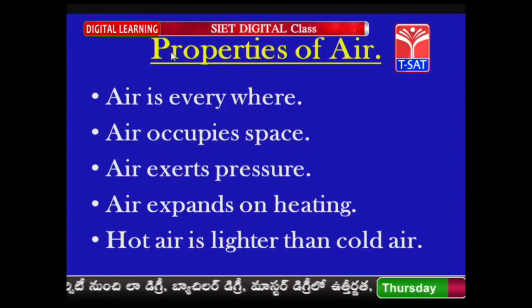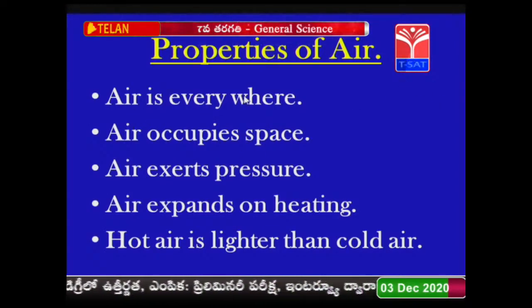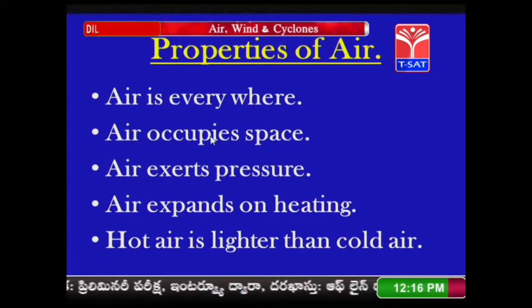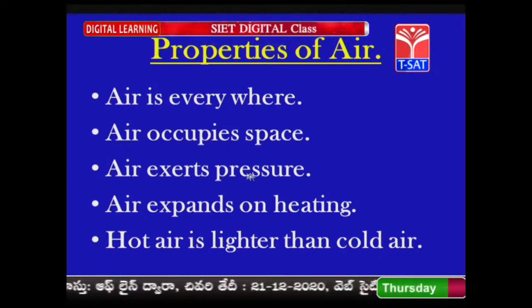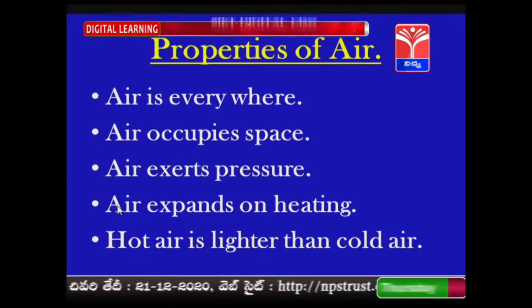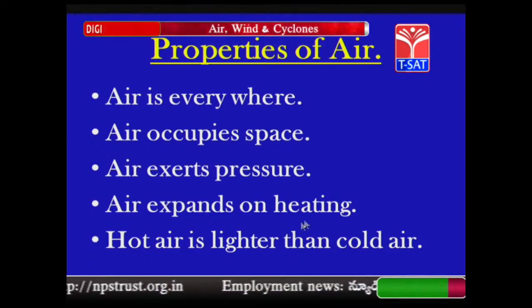Children, we have done so many activities, right? So, we will try to sum up all the properties of air here. Some of the properties of air are: air is everywhere, air occupies space, air exerts pressure, and we also understood that air expands on heating.